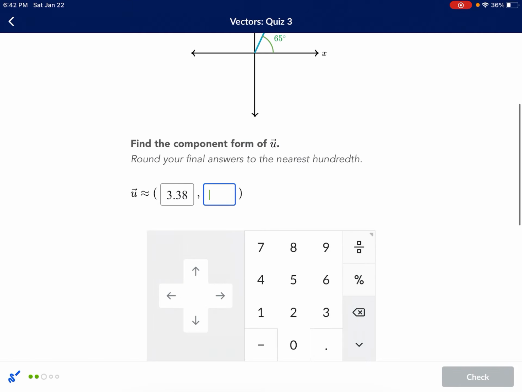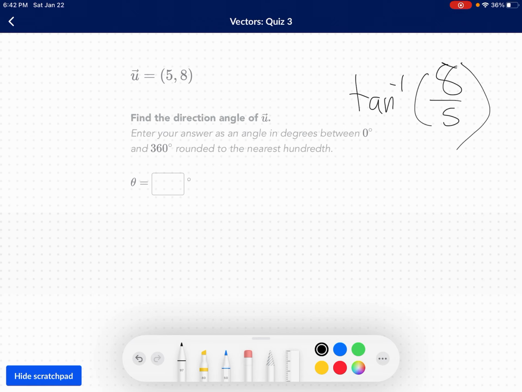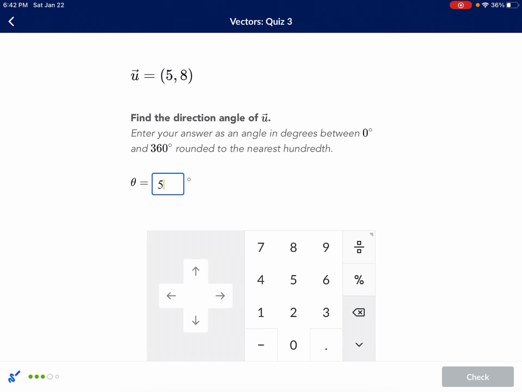Find the direction angle: you just do inverse tangent of the y component over the x component, and I get 57. That's in the first quadrant, so I don't need to modify it using any identities. So 57.99.